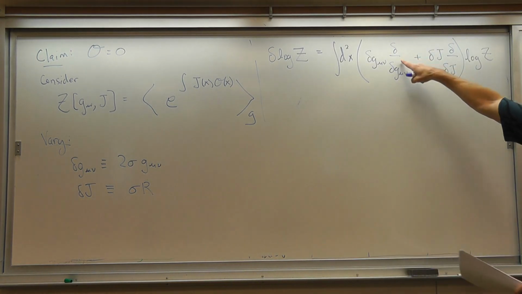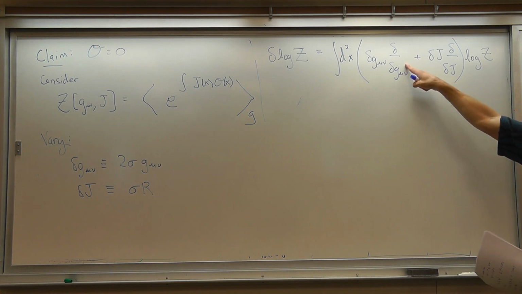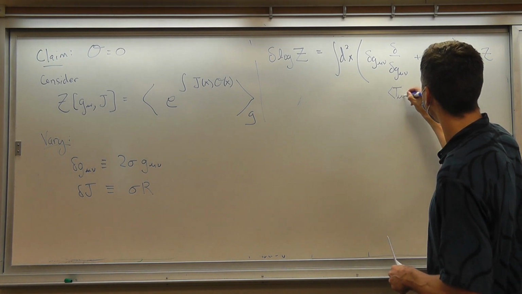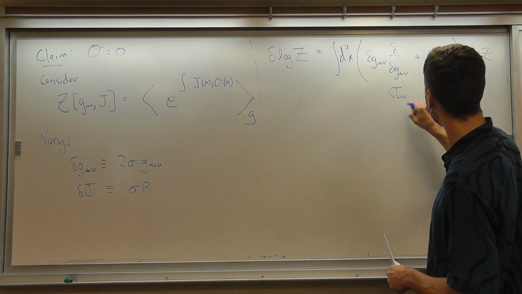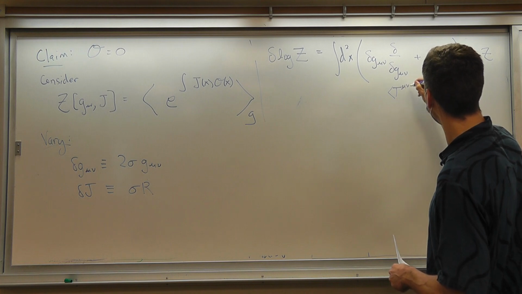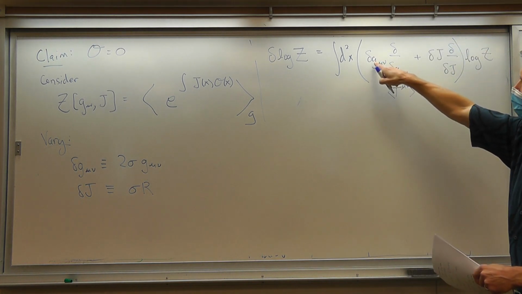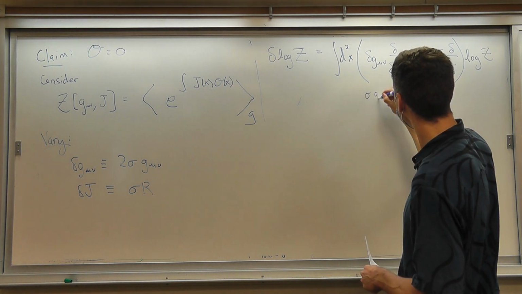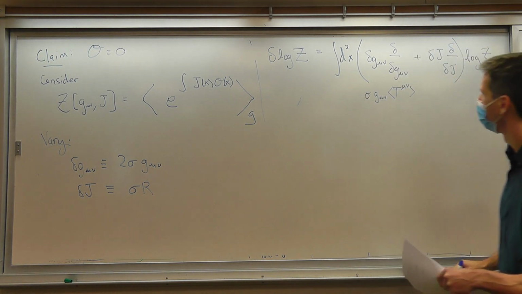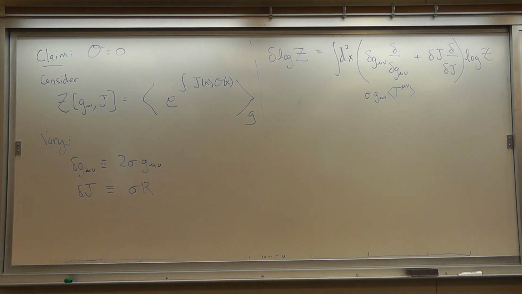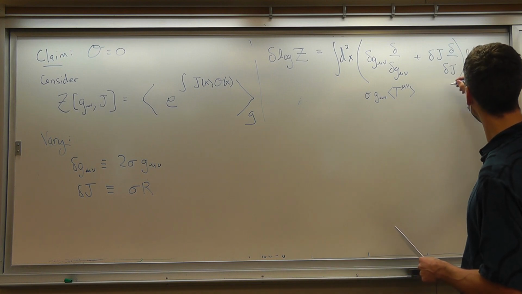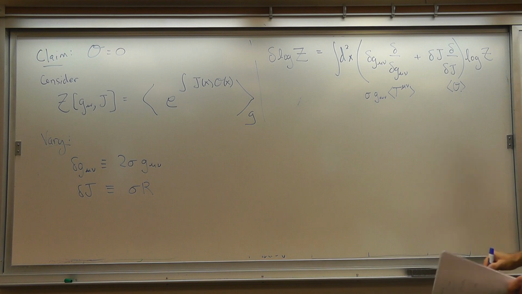Now, the metric variation gives a stress tensor expectation value, so this is going to give you a T mu nu, but the variation in the metric was sigma g mu nu, so that gives us a trace. And the other one, the variation gives you an O expectation value.